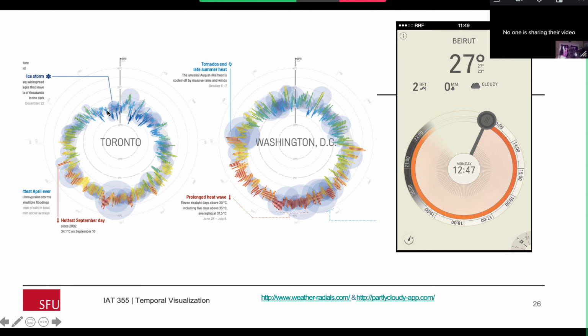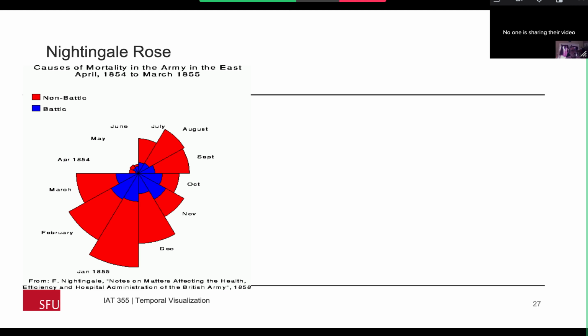These timeline plots have been around for quite a while. Florence Nightingale was a nurse during the Crimean War, and one of her great breakthroughs was to introduce sanitary measures, that is to say, washing your hands, something that we're all aware of today with coronavirus, and properly disposing of human waste and all that kind of good stuff.